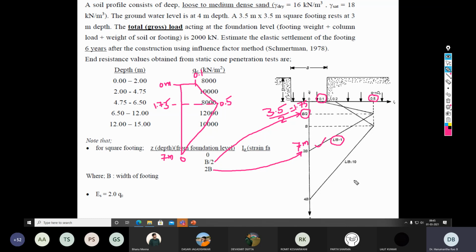If it is not, then you have to pick L by B greater than or equal to 10. In between, for example between 1 and 10, the best is to interpolate. So construct both diagrams and interpolate the values of strain influence factor.